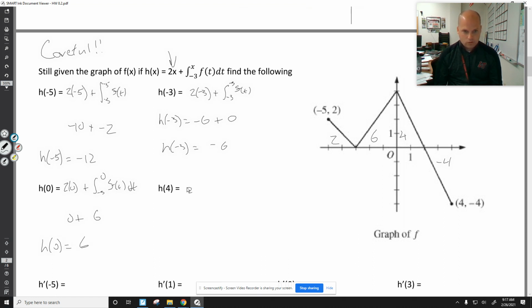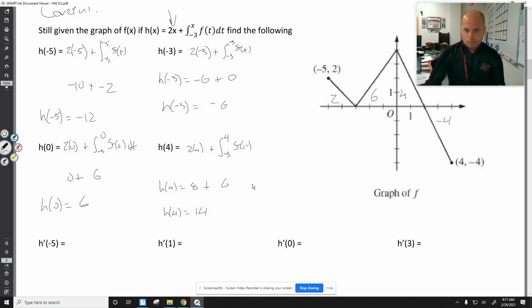H of 4, 2 times 4 plus integral from negative 3 to 4. So this is going to be 8 plus negative 3 to 4. We said that was 6. So all of a sudden I get all the way up to 14. Okay?